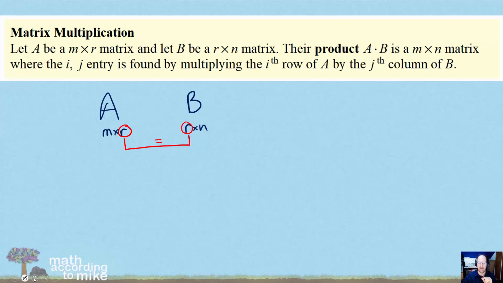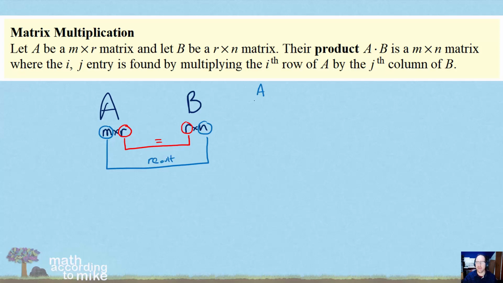All right, now let's continue some more. Their product AB is an M by N matrix. Stop there. So if you can multiply two matrices A and B, as we have here, M by R and R by N, then the result called AB is the number of rows of the first by the number of columns of the second.